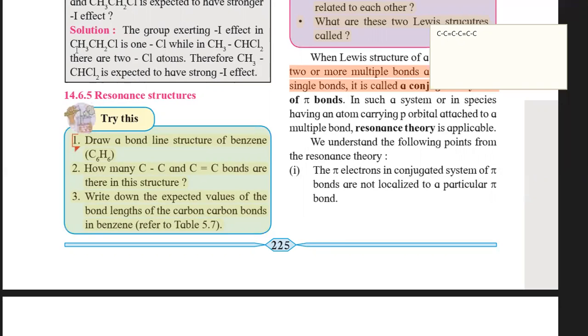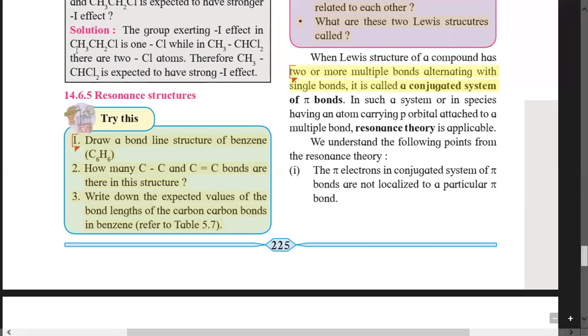In this molecule, if we consider the carbon-carbon single and double bonds in alternate positions, this double bond consists of one sigma bond and one pi bond. Pi bonds are present in this system containing carbon-carbon single and double bonds. This is called a conjugated system of pi bonds.